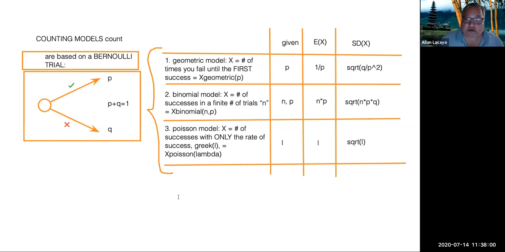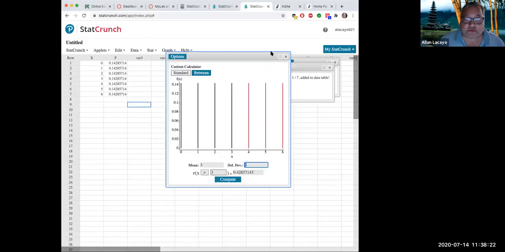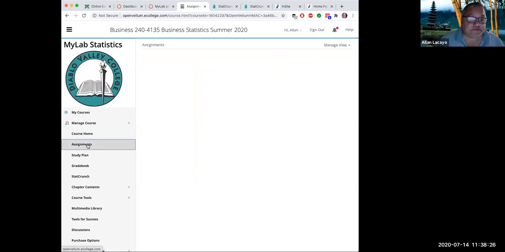So what are we going to do next? We're going to go into our lab 6 and look for examples of geometric, binomial, and Poisson models. So here we go. Switch over to our assignment list.